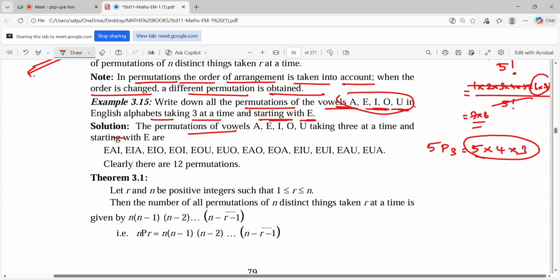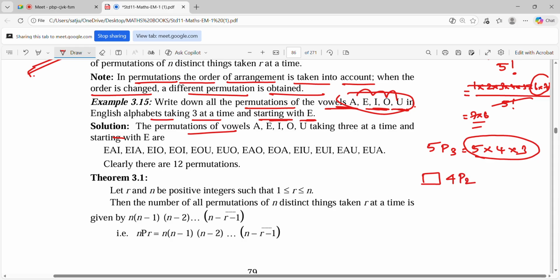But here the question says starting with E. So E is fixed here. Listen, very simple way. E is fixed, and the remaining 4 are there, no? So from those remaining 4 only you have to arrange.